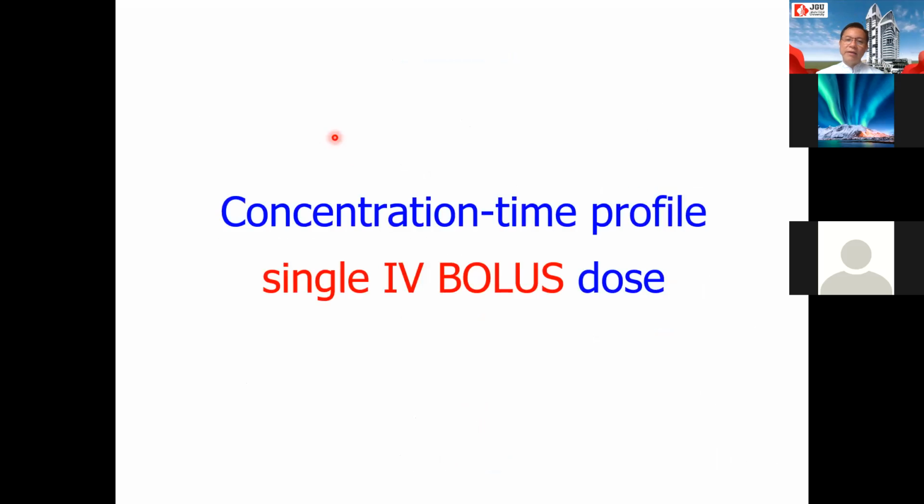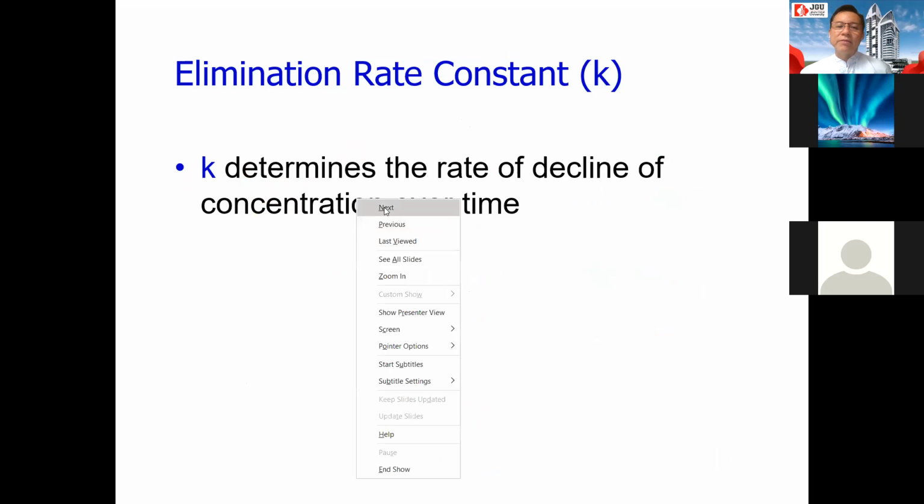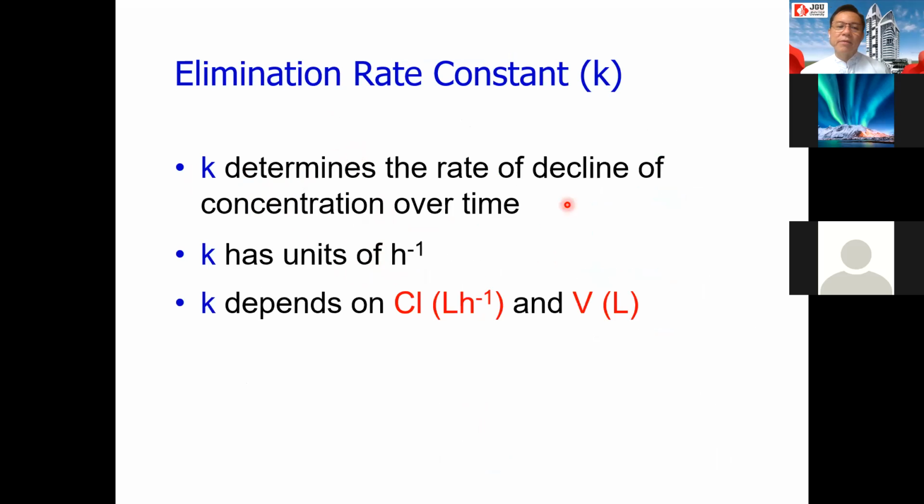Now, when we talk about IV bolus, we need the elimination rate constant, K. K has units per hour. K depends on the clearance and the VD, the volume of distribution.